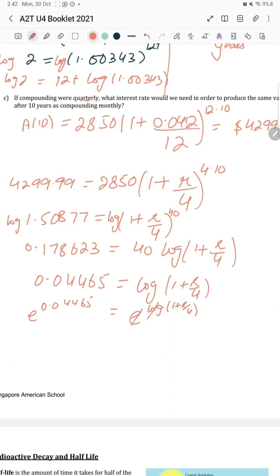So solving this, we will get r is equal to 4.134%.